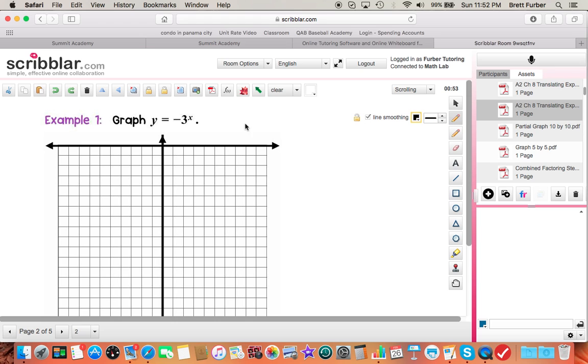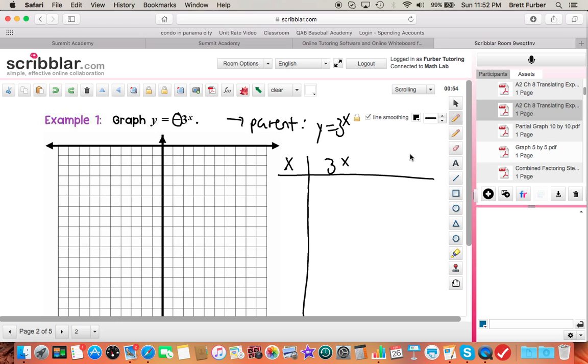So what we're going to do is ignore for now this negative, and find the points that would allow us to graph the parent function. We're going to pretend we're graphing this function instead, and then we're going to translate this based upon what happens with the values.